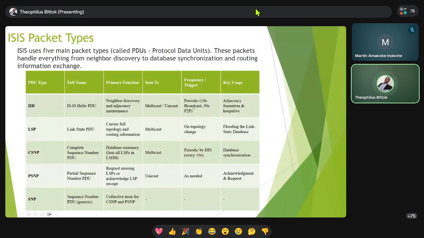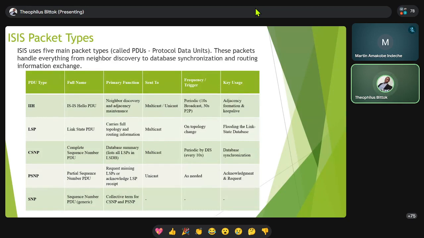In ISIS we have different packet types, called PDUs. The first packet is the ISIS hello, which is mainly used for neighbor discovery. Say there are 2 routers. They send each other hellos, and then they form an adjacency.